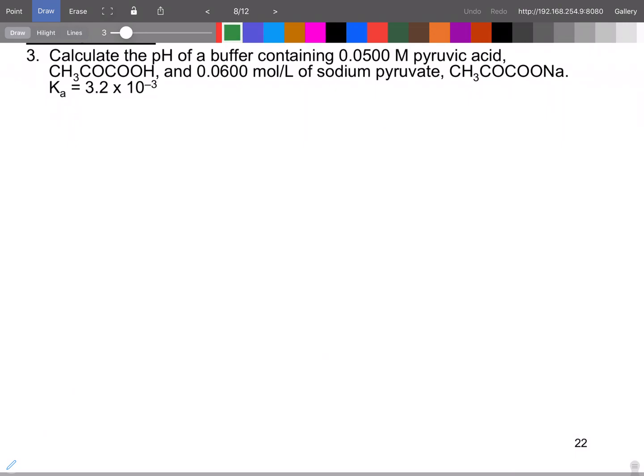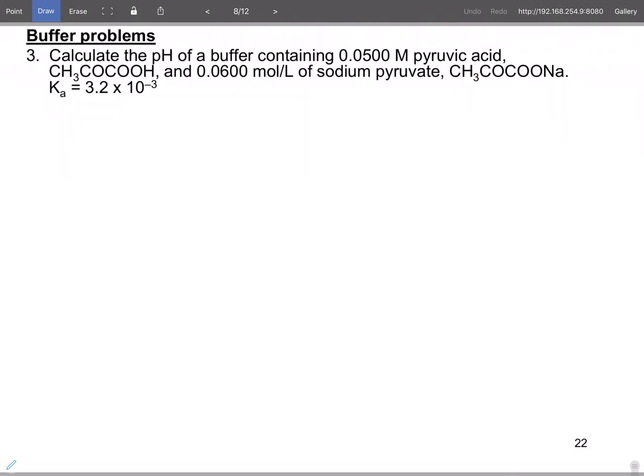Okay, so on this one we need the Ka, and the Ka of pyruvic acid is given. So let's go ahead and do the pKa of pyruvic acid, which is 2.4949.